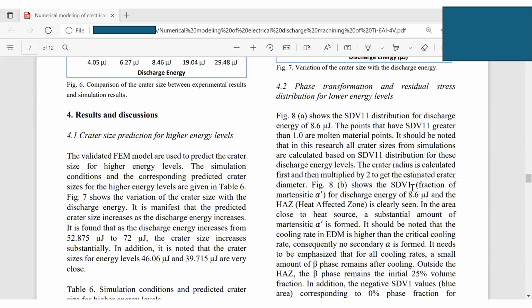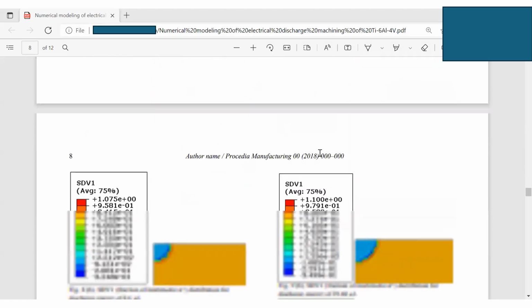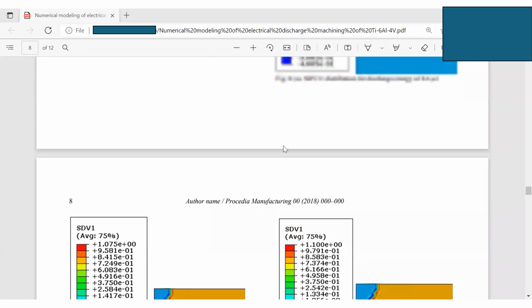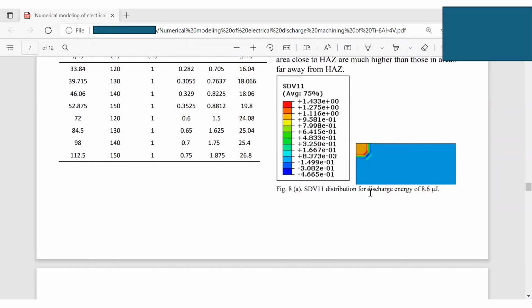STV1 is the fraction of martensite alpha prime. So you can specify this as STV1.